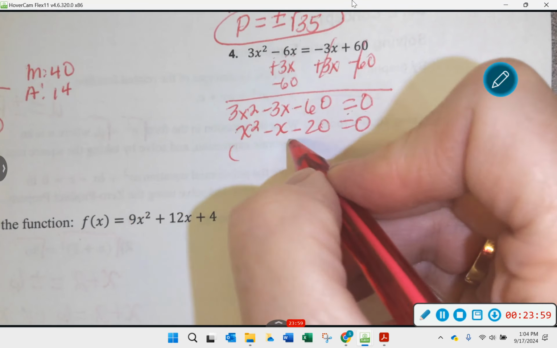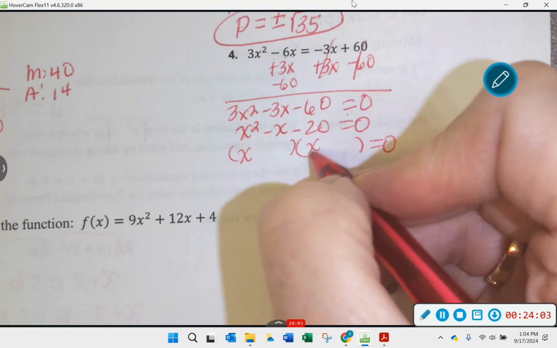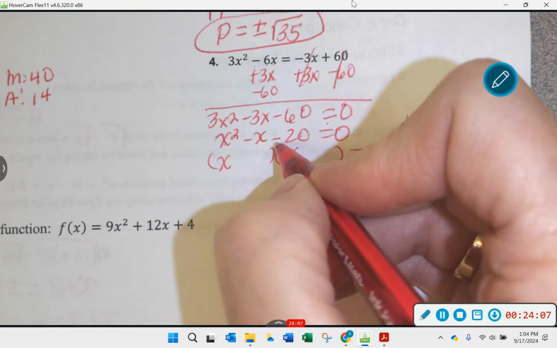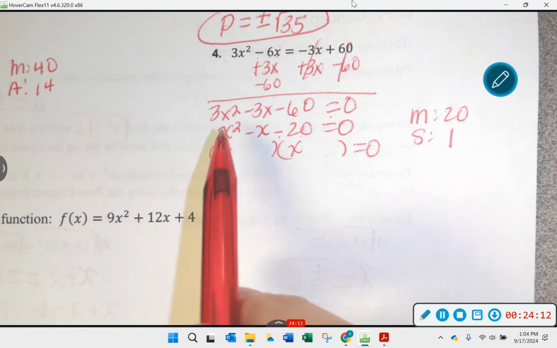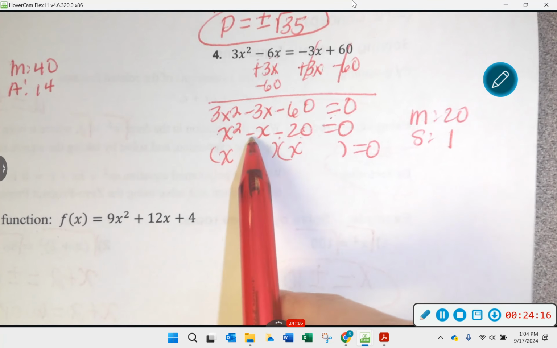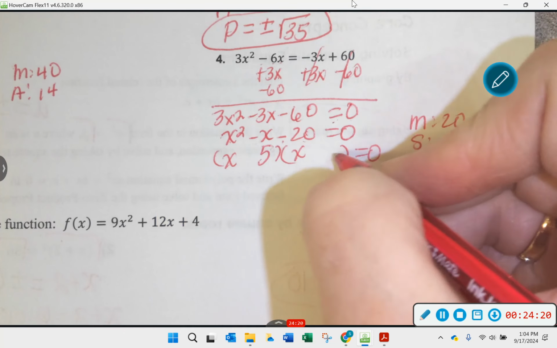Now we set up our double parentheses. Factors of x squared are x and x. Read it backwards. Numbers that multiply to be 20, subtract to be 1, because the coefficient here is 1. What are they? 5 and 4.